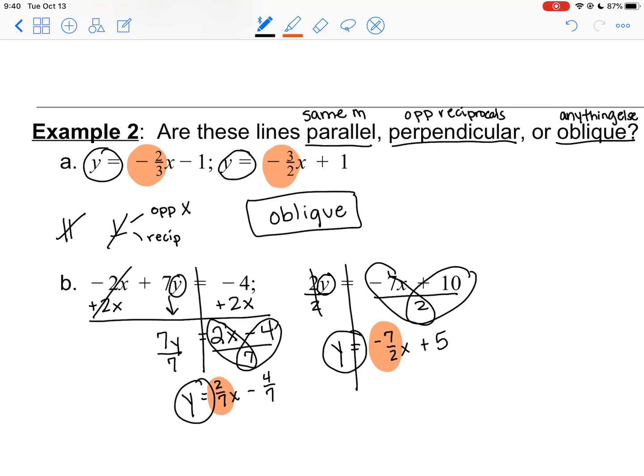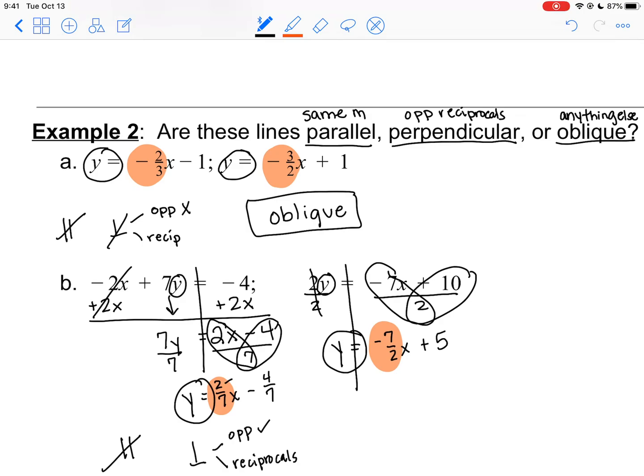So if I look to be parallel, they have to be exactly the same, and these are not the same. To be perpendicular, they have to be opposite signs, and they have to be reciprocals. So for opposite signs, the first one had a positive slope and the second had a negative, so they are opposites. Now to be reciprocals, they have to flip the fraction over.